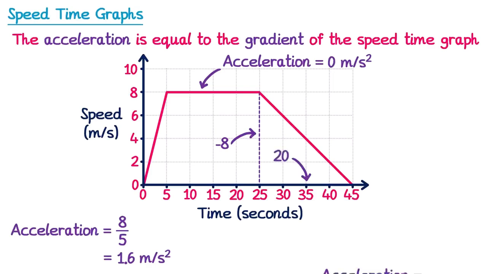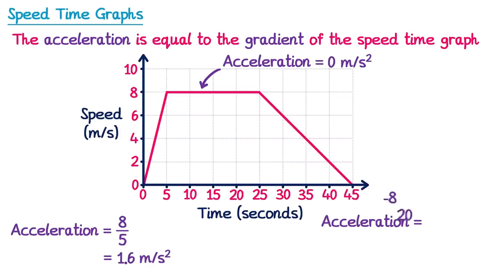So the gradient of this line, which is equal to the acceleration, is the change in y, which is -8, over the change in x, which is 20. -8 over 20 is -0.4. And once again we use the units meters per second squared. The acceleration value here is negative because the runner was decelerating.